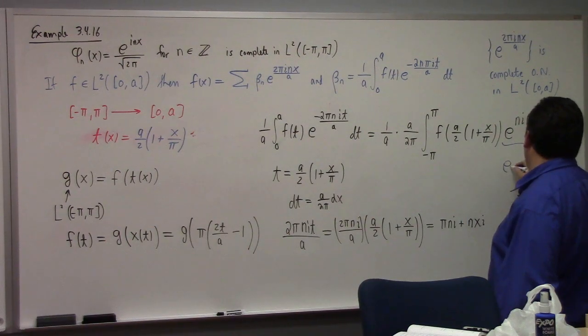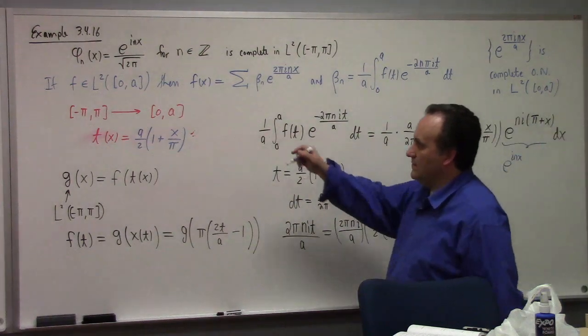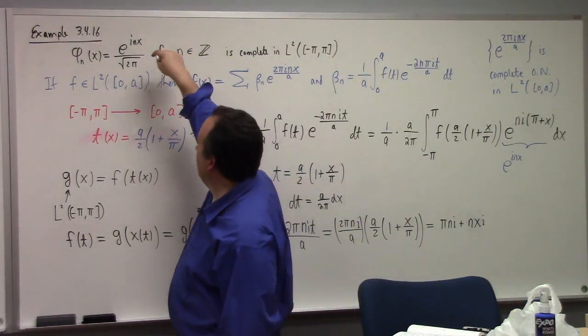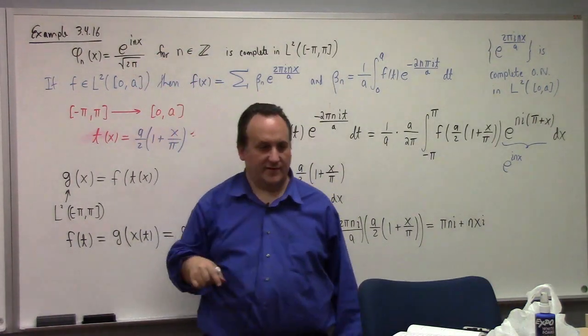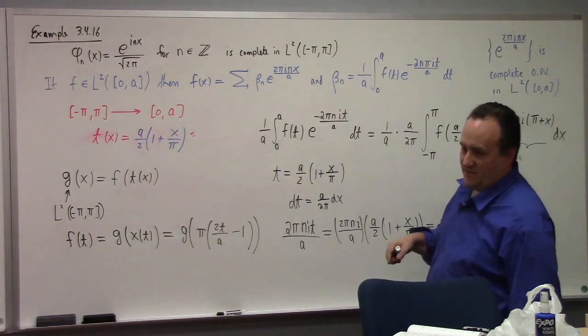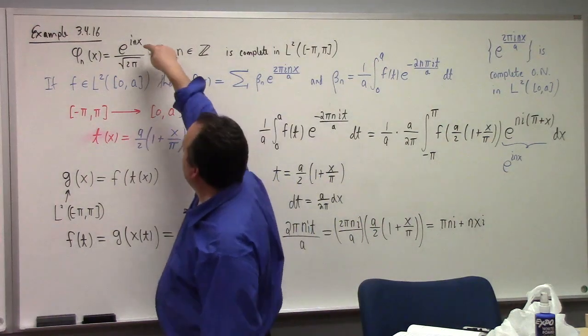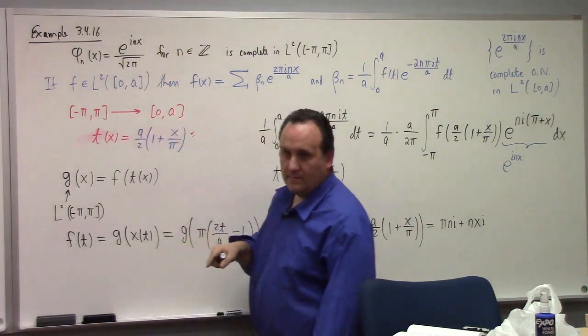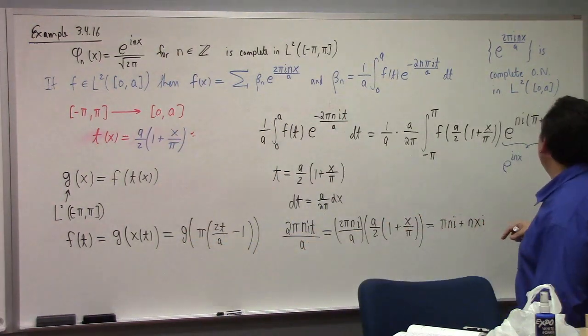This is e to the INX, which is what I'd like to see. Uh-oh, we lost Audric. Oh, I'm here, sorry. You're fine, Audric. So like, you see up here? INX, right? Well, EIN pi.